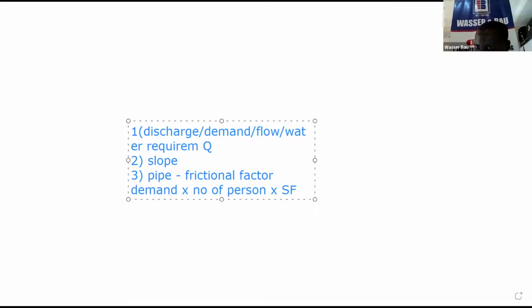Safety factor is always there. As an engineer, you cannot do a design without taking care of safety factor. It's almost impossible, because you yourself can't be 100% sure of what you're designing. And you can't be sure that the end users will comply with your design.